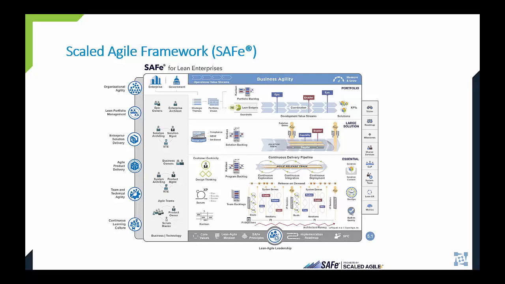We have multiple customers using SAFe, and they report 50% reduction in defects and also time to market, and actually an increase in product by at least over 30%. So Scrum, Kanban, SAFe are popular agile methodologies in support of people working together.